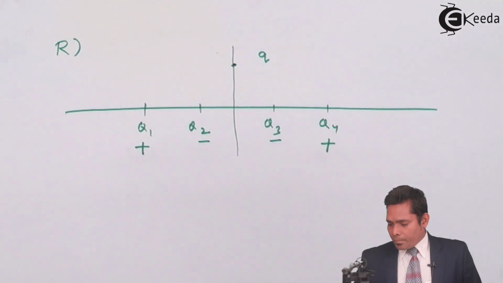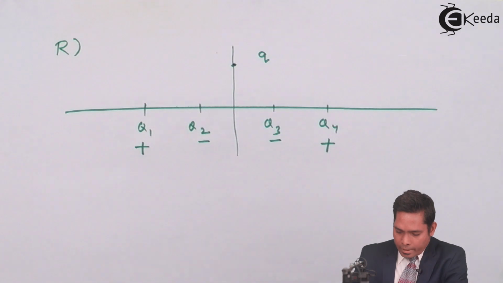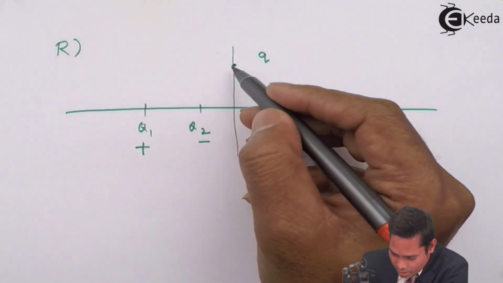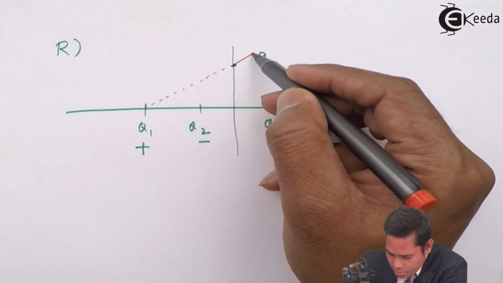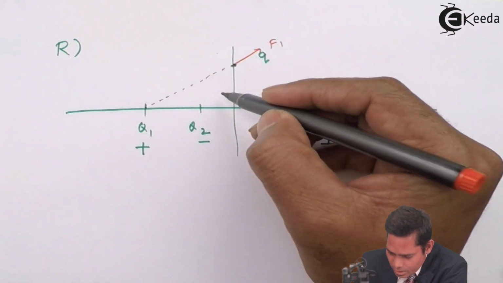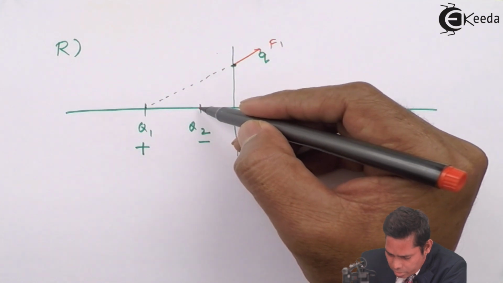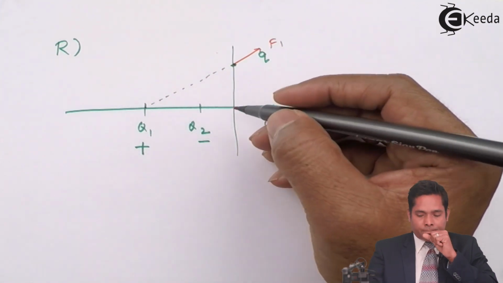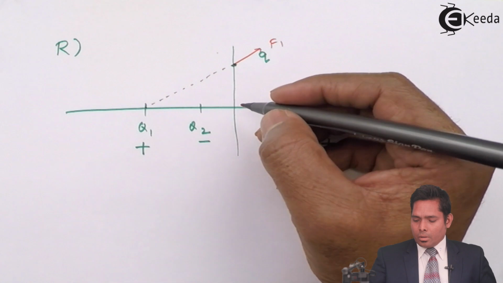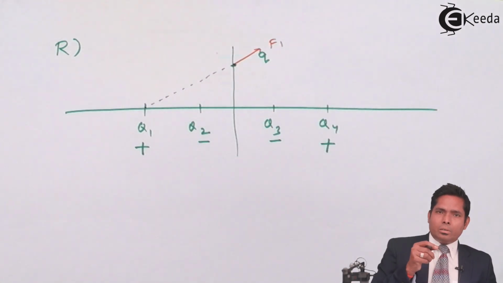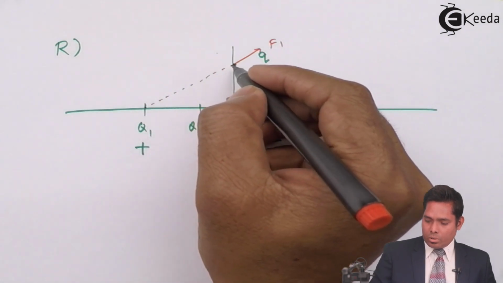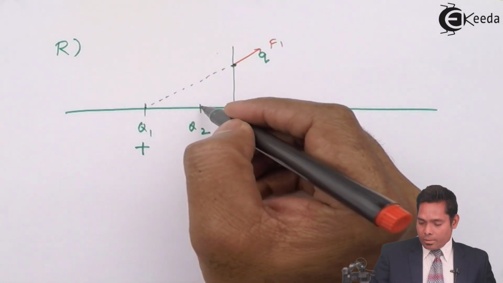Then what will happen? Now, this is at a distance greater than that, so it will have smaller force. Suppose F1. This will have larger force. But this being negative, it will attract the charge, so the force on this will be towards this side.